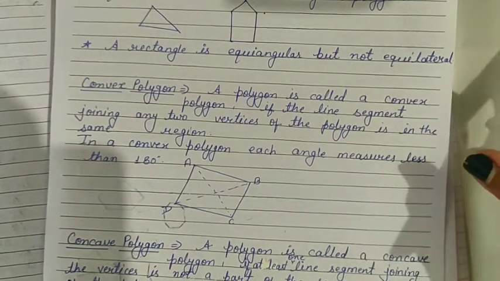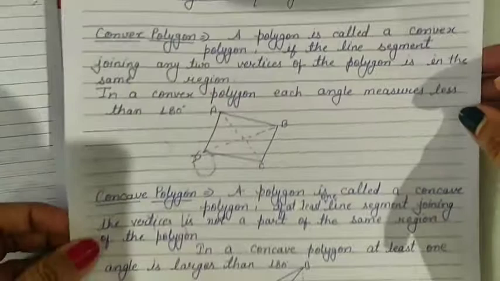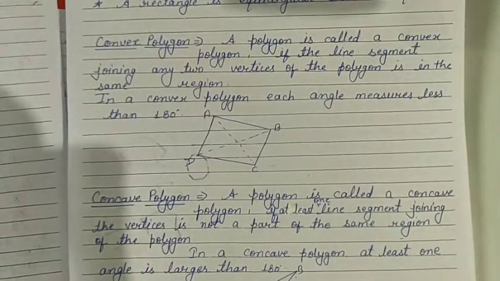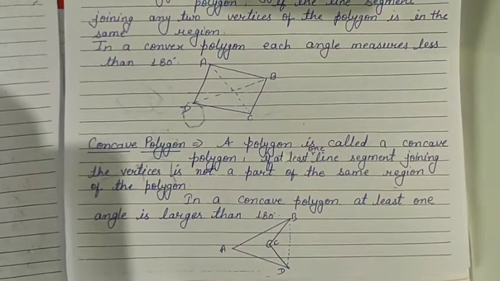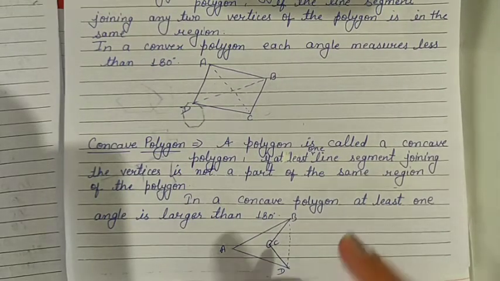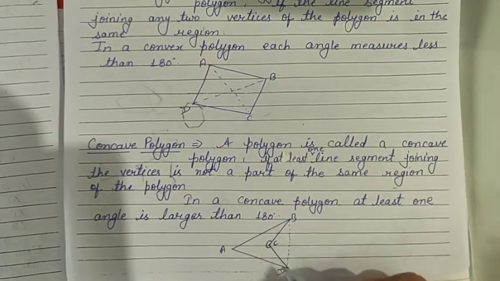Now concave polygon. A polygon is called a concave polygon if at least one line segment joining the vertices is not a part of the same region of the polygon. And in a concave polygon at least one angle is larger than 180 degrees. Students, this is a polygon ABCD.